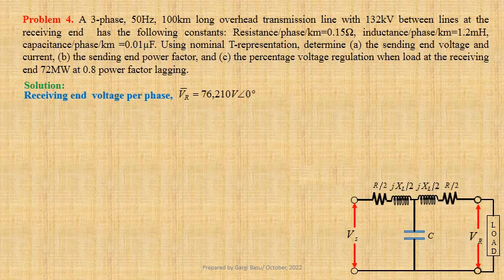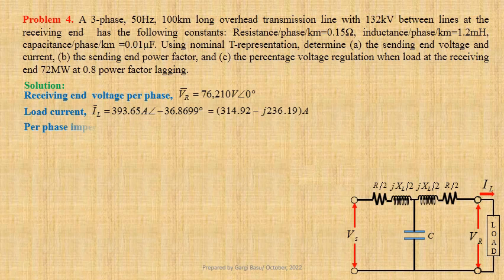Taking receiving end voltage per phase as reference, we can write VR equals 76,210 volts at an angle 0 degree. We have computed load current IL equals 393.65 ampere at an angle minus 36.8699 degree. This may be written in Cartesian form as 314.92 minus j times 236.19 ampere.